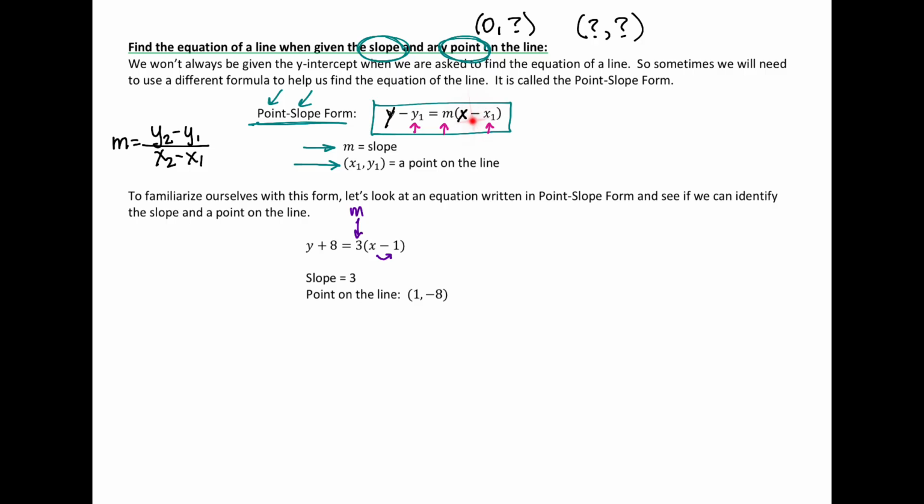Because your formula is a subtract, we're just going to use 1. And the number with the y is the y sub 1. And again, because the formula is subtract, we're going to do the opposite of add 8, and it becomes negative 8. Opposite of subtract 1 is positive.